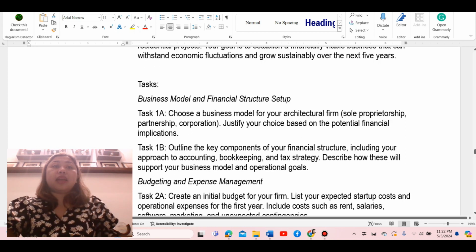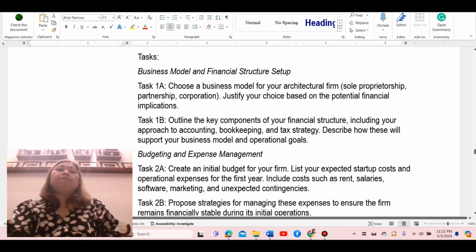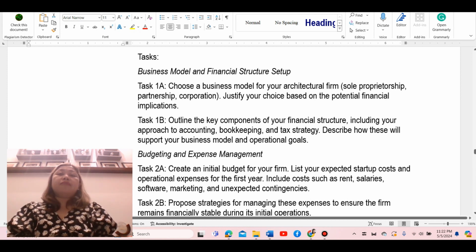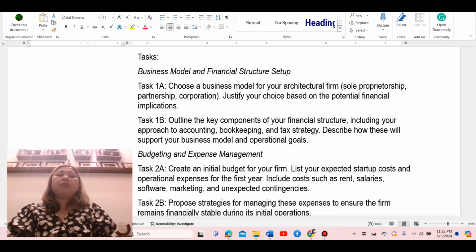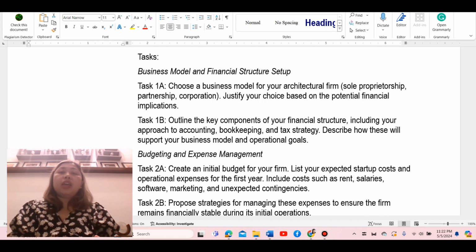So your task as a group, in terms of business model and financial structure setup, your first task is to choose a business model for your architectural firm, whether it's sole proprietorship, partnership, or corporation. You justify your choice based on the potential financial implications.